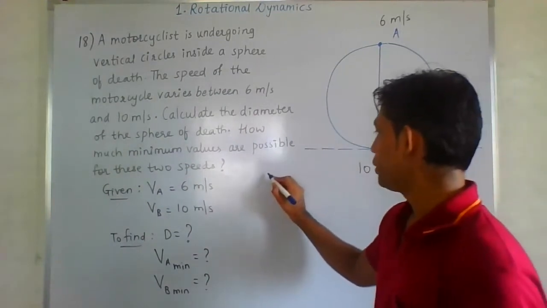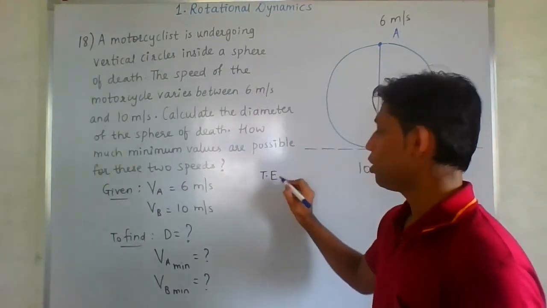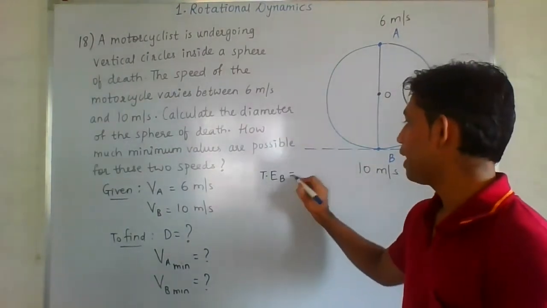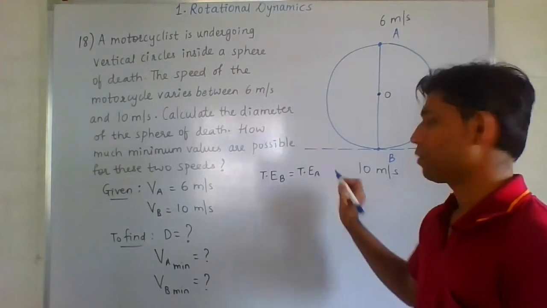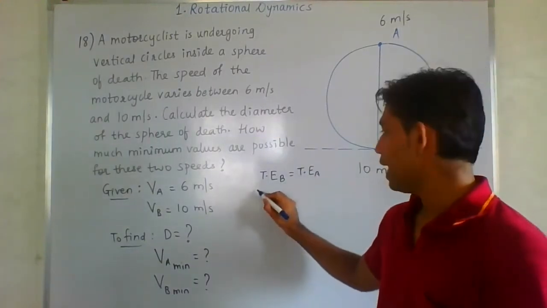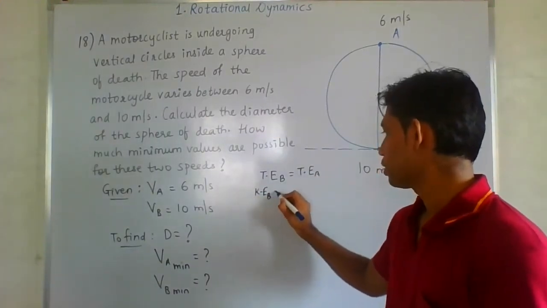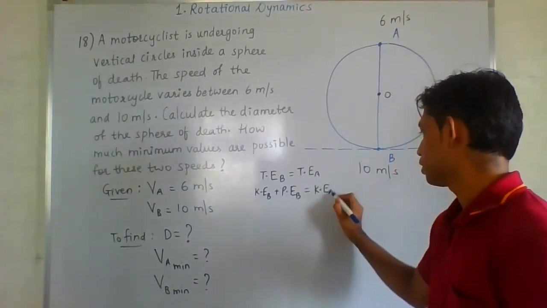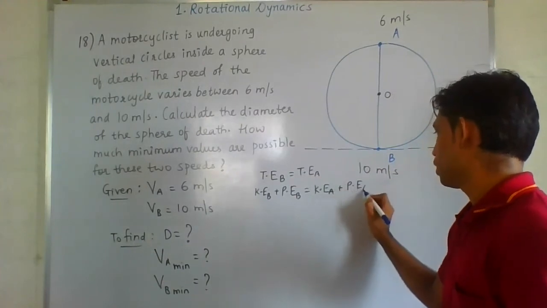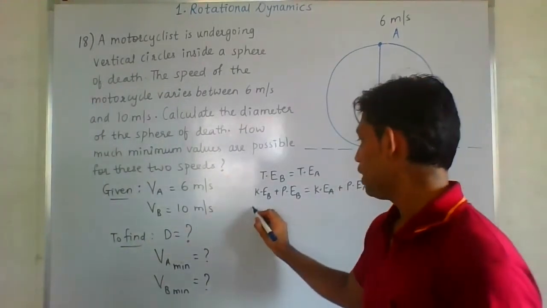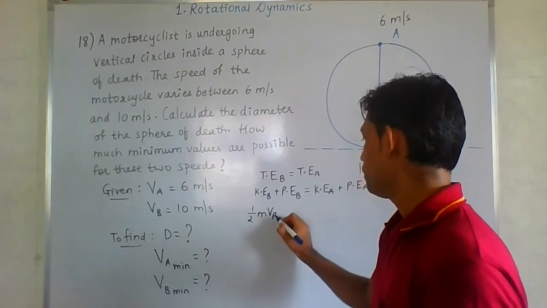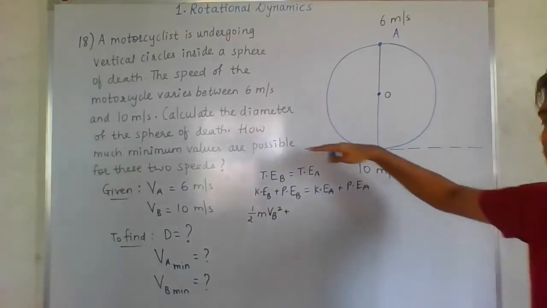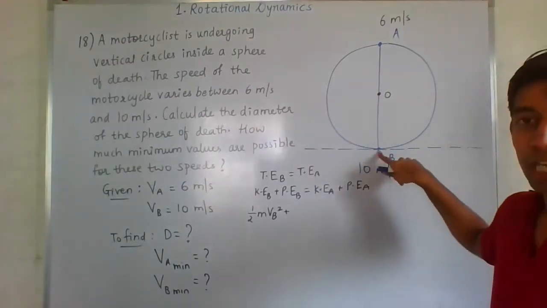Okay, so what I am going to do is we know by conservation of energy, टोटल एनर्जी सेम रहने वाला है एट पॉइंट बी एज वेल एज एट पॉइंट ए. टोटल में काइनेटिक प्लस पोटेंशियल आएगा. अब काइनेटिक एनर्जी का फॉर्मूला half m v square plus पोटेंशियल एनर्जी के लिए क्या करेंगे हम, इसको डेटा अज्यूम करते हैं. ओके, लोअर लेवल. सो ये पॉइंट तो ग्राउंड पे टच हो गया.